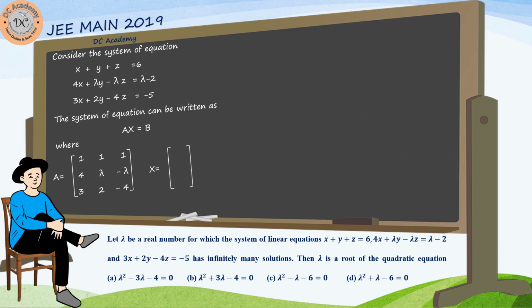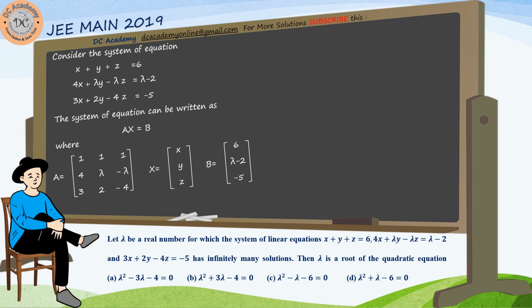X is the matrix of 3 rows, 1 column, which contains the variables X, Y, and Z. The B matrix contains all the constants on the right hand side, that is 6, lambda minus 2 and minus 5. So here we get all the matrices.